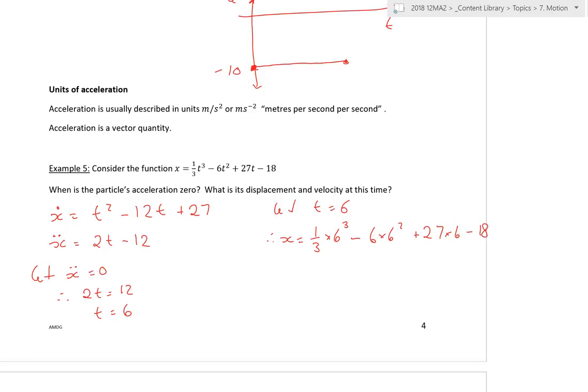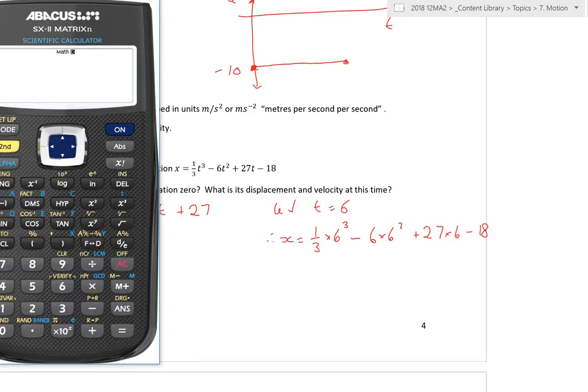You know what? I am not going to do that in my head because I will get it wrong. So here's my trusty calculator.